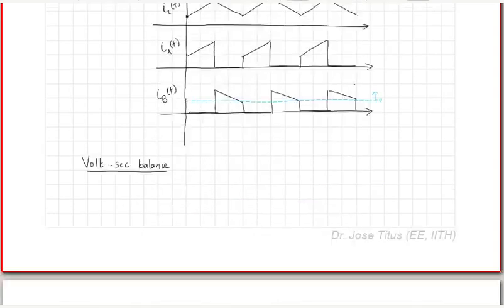So we see that the inductor voltage is Vg for the duration dTs. So the volt-seconds is Vg times dTs plus (Vg minus Vo) times (1 minus d) times Ts. As per the volt-second balance principle, this must be equal to 0.